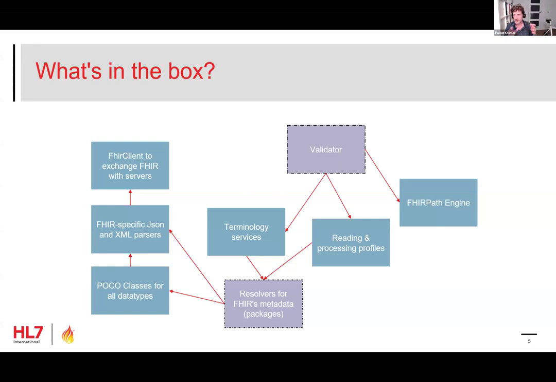So the validator validates your incoming data against these profiles, these IG profiles and so on. And you need all these blue bits to get all of that done. So this validator sits at the top of the hierarchy, so to say, because it uses almost every single part of the rest of the SDK. And you need to get everything running to get the validator running.